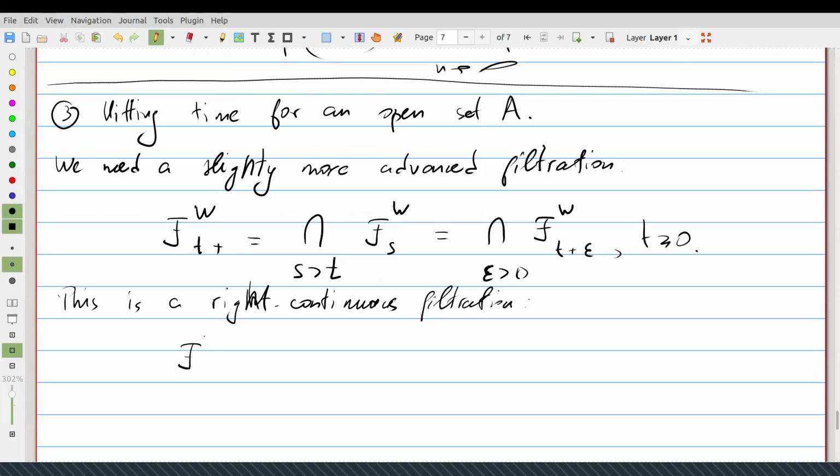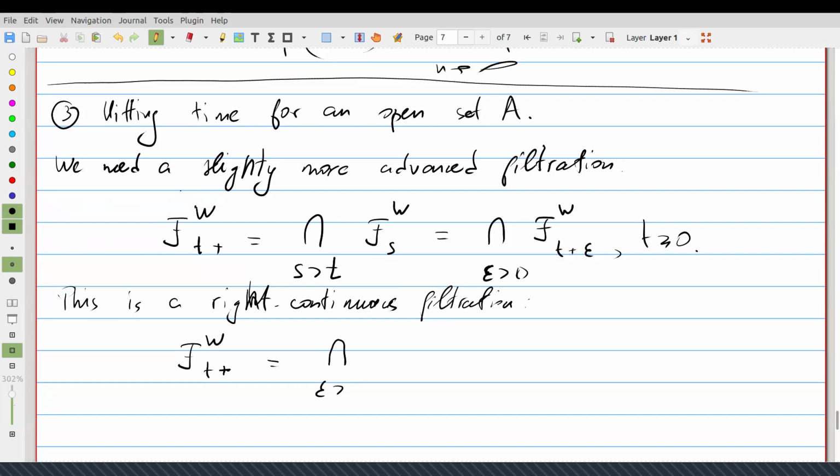If we take it and do the same procedure of augmentation, this procedure of making a filtration bigger in some sense is often called augmentation of a filtration.